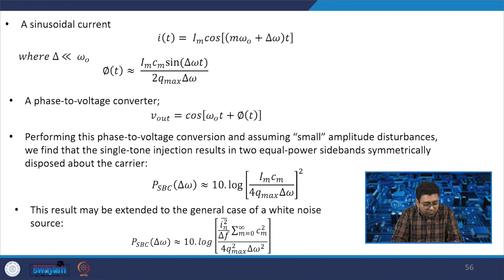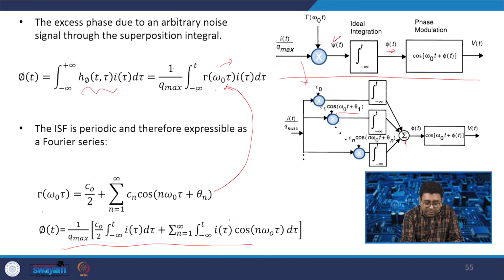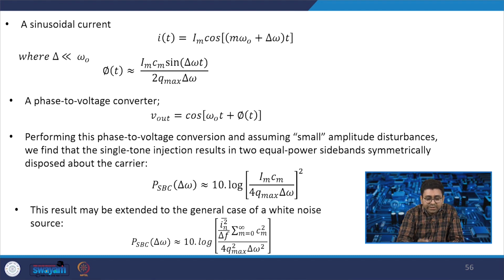We will apply a sinusoidal current i(t), which is i(t) equals Im cos((m omega naught plus delta omega) t), where delta omega is much less than omega naught. So phi(t) can be written as Im Cm sin(delta omega t) by 2 q max delta omega.